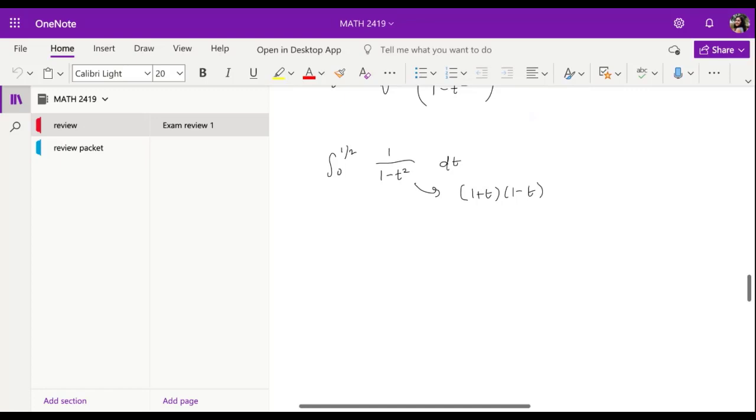Basically we can rewrite this as the integral from 0 to 1/2 of a over 1 plus t plus b over 1 minus t dt, and we can use partial fractions to solve for a and b. I'm not going to solve the whole thing out, just so we can get to a little bit more of the packet, but for a and b, we will actually get 1/2 for each one.